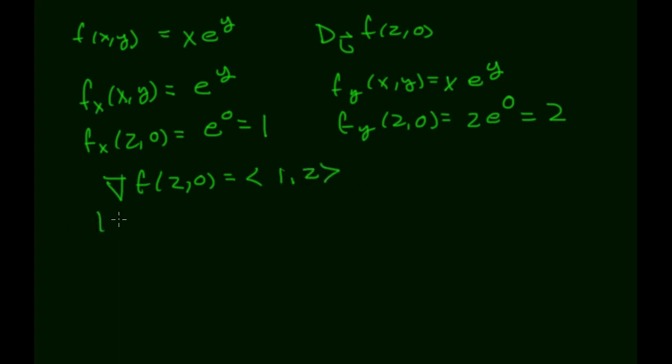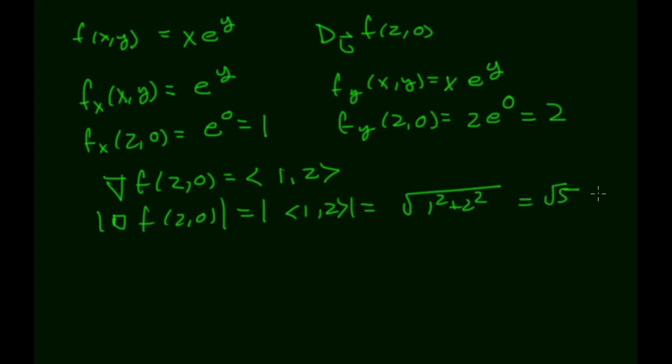So if I take the magnitude of 1, 2, right, that's the square root of 1 squared plus 2 squared, which is the square root of 5. So that is the maximum value for the directional derivative. And so this is the max for the directional derivative of f at 2, 0, which is root 5.